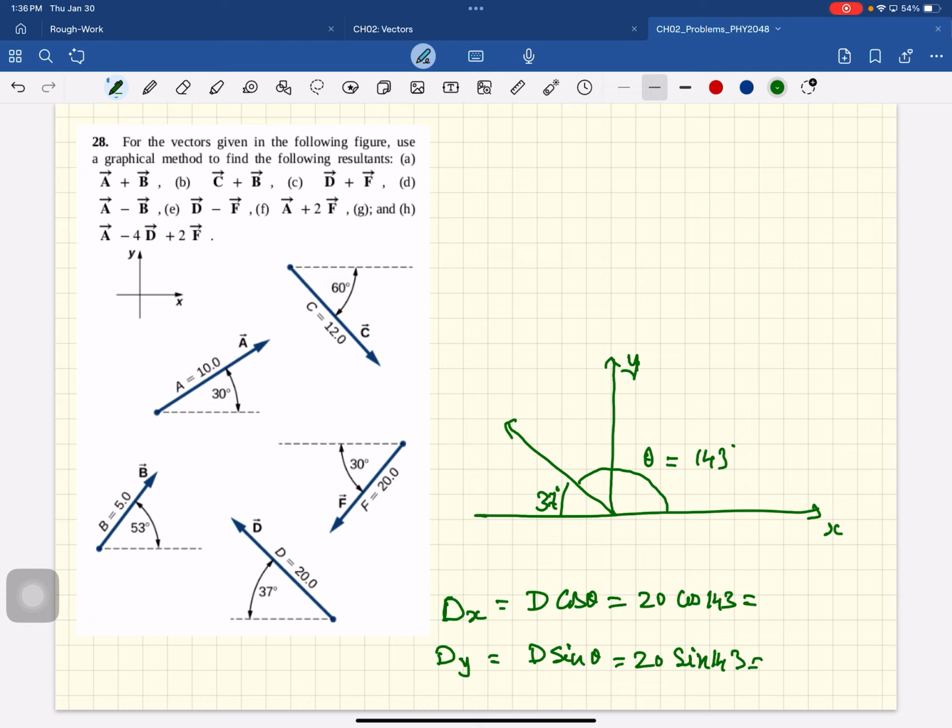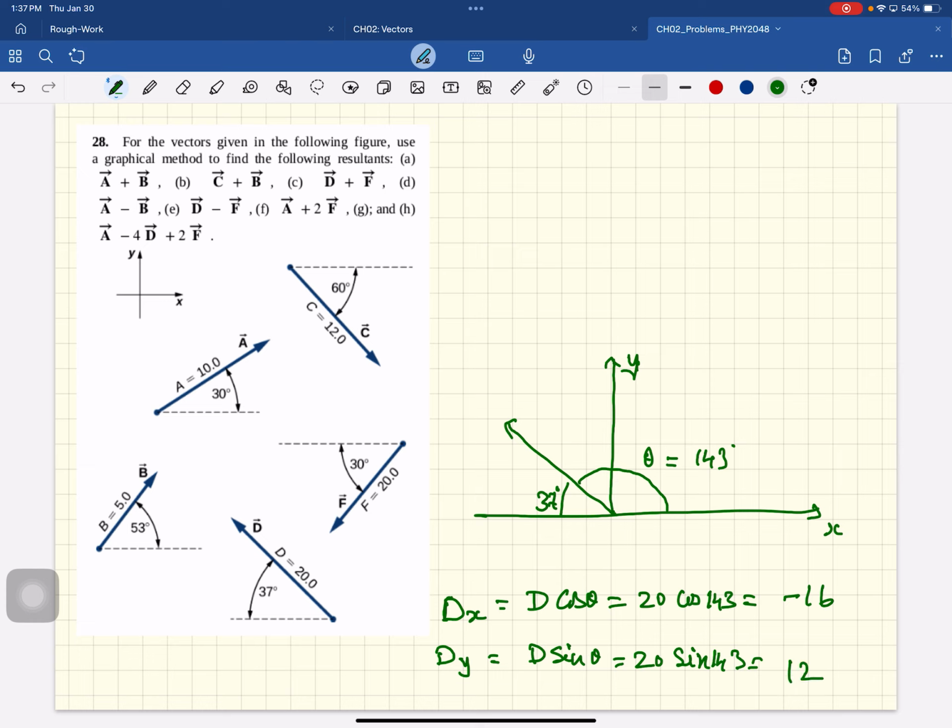If you do these in your calculator, this works out to minus 16 and 12.